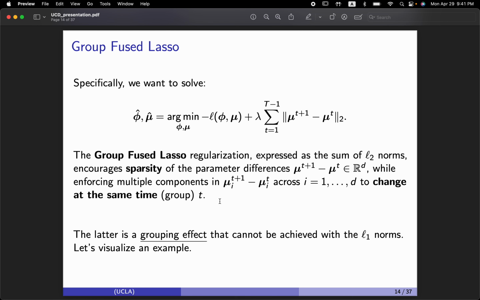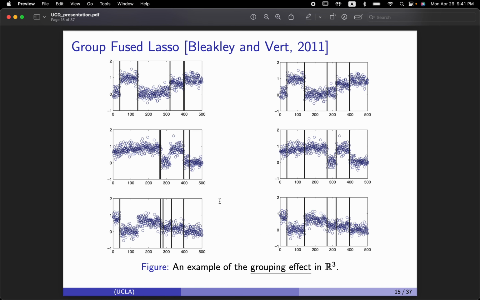Now let's visualize an example of this grouping effect. On both columns, we have the same three profiles that evolve over time. On the left-hand side, when we use the L1 regularization, we can learn meaningful change points for the three profiles.